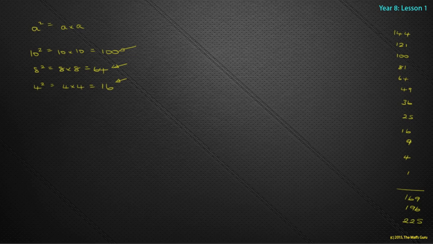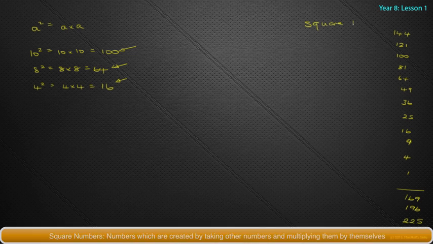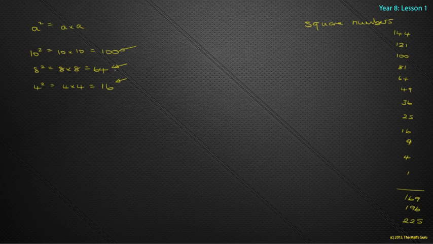Yep. If you've remembered what these numbers are, they are in fact called the square numbers. All right? Why are they called square numbers? Because they are numbers that, when multiplied by itself, give you these numbers.